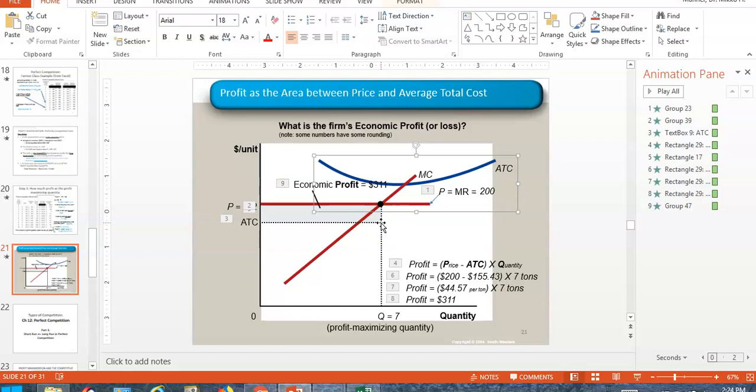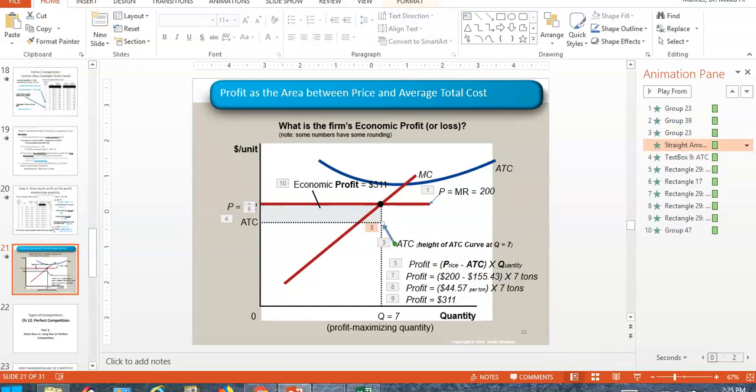As we will see shortly, that might mean we go out of business in the long run. It might mean even in the short run we shut down. We'll talk about those kinds of decisions later. But the decision of how much to produce, if we're going to keep producing while we're losing money, is still to produce at the quantity where marginal revenue equals marginal cost, because that's still the best we can do, even if the best we can do kind of stinks, or even if it's a loss.